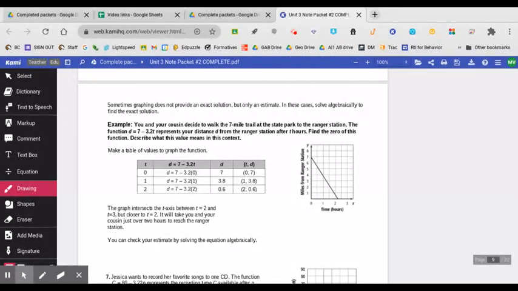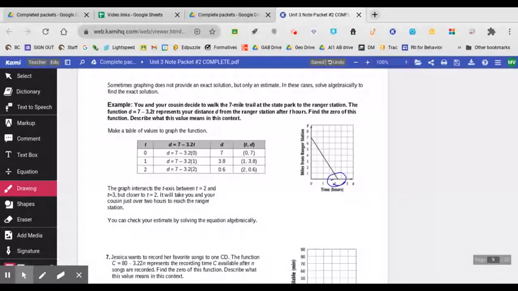So I can graph this, which they did over there, and you will see that the 0 is not exactly a value. So I know that it's between 2 and 2.5. So to find my exact value, I'm going to solve this by making d equal 0. So it's going to be 0 equals 7 minus 3.2t.